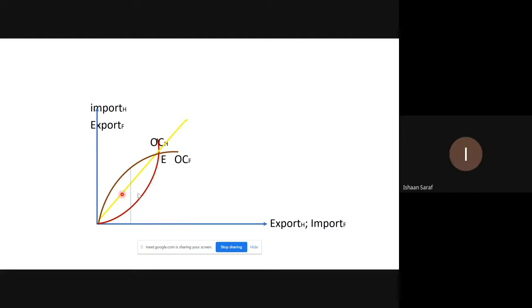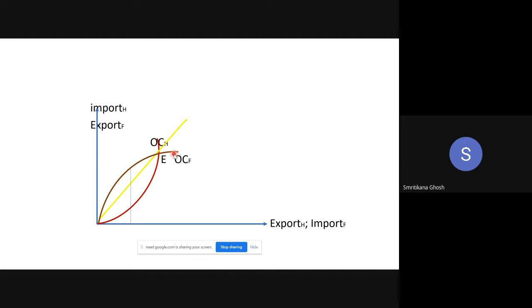Let me show you. And ma'am, can you explain the part beyond E? Yes, here. In this section, look, offer curve of foreign is here. So take any export of home country like this. For this section, the export of home country is greater than import of foreign.